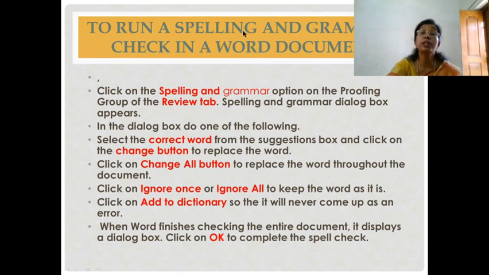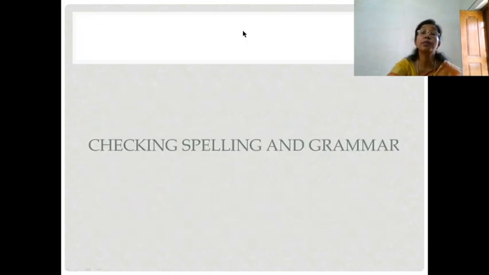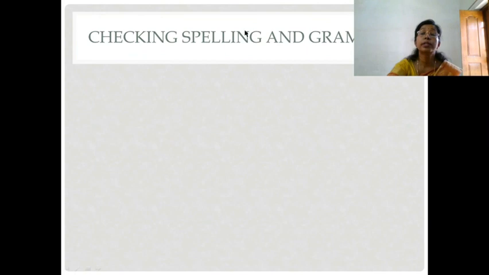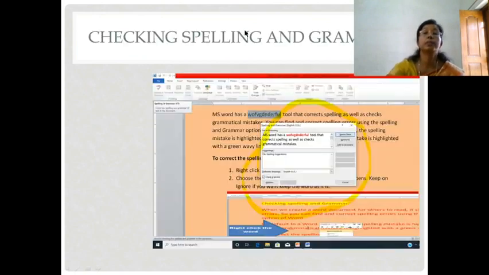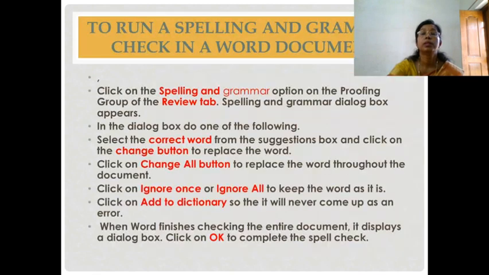Okay, the proofing group of the review tab. Then the spelling and grammar dialog box appears. In the dialog box, do one of the following.